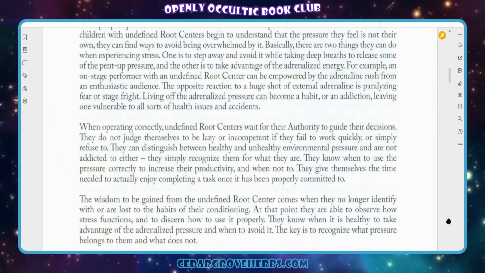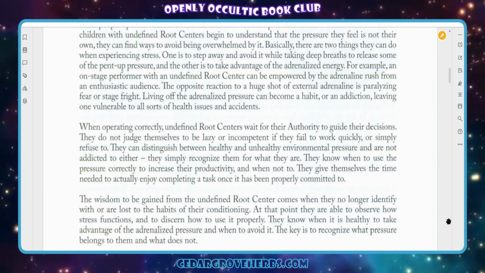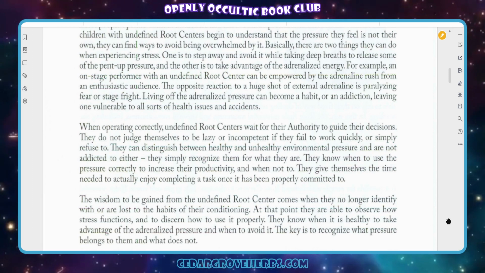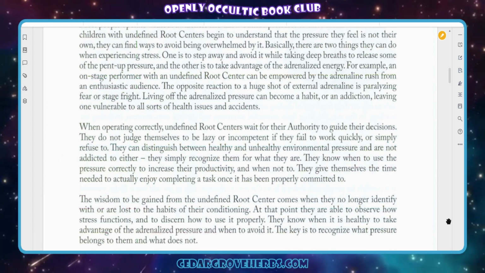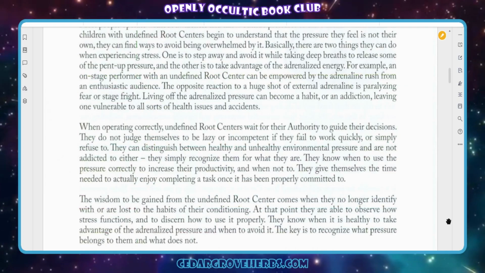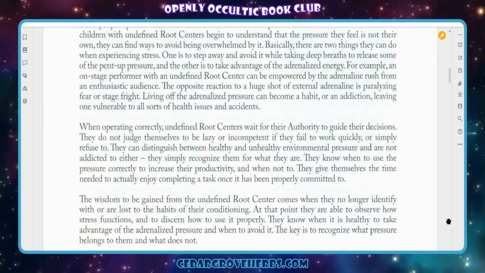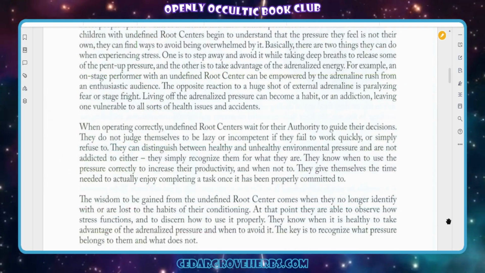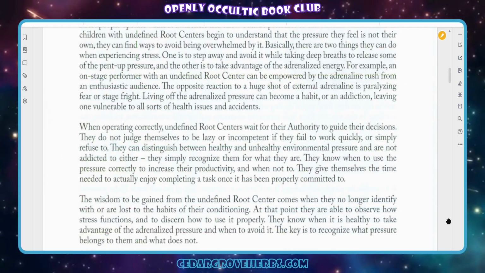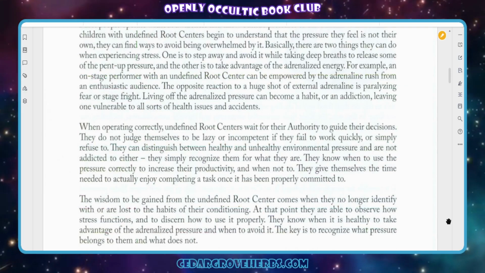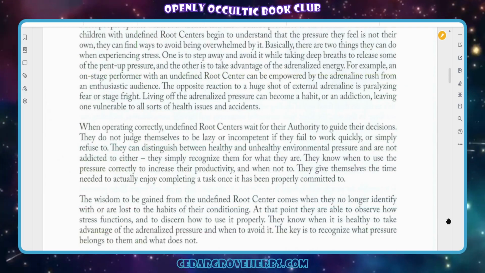Now I'm like, oh, this person must have a defined root center that just sat down next to me. And I might be cool with that, especially if I'm watching a thriller or an action-packed movie. But if I'm watching a drama, a sad movie, or a documentary, something I need to be focused on, I might want to move chairs.